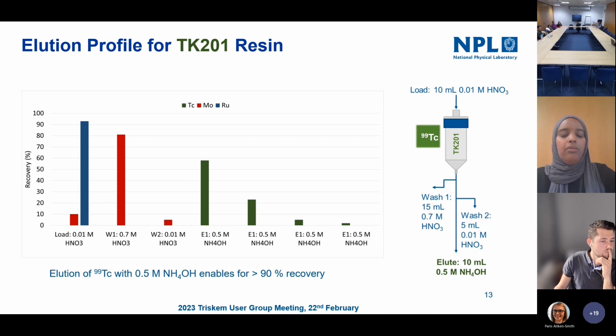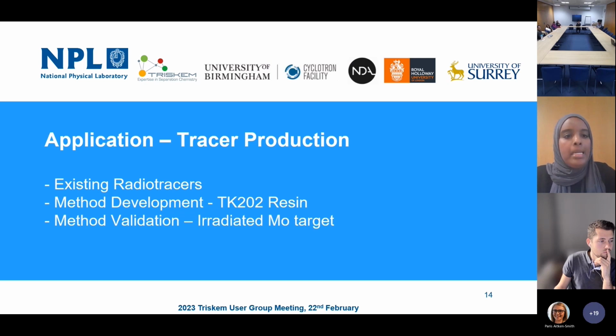And the next couple of slides, I'll hopefully give a nice overview of how we've done a bit more work since that UGM to look at approaches that can be used for Tech-97 separation and preparation as a tracer.